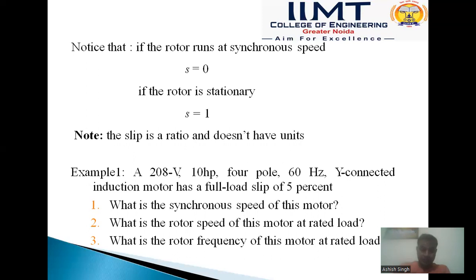After solving the first part, we come to the second part, that is, what is the rotor speed of this motor at rated load? Slip is given, and we also calculated the synchronous speed, that is 1800 RPM. The formula for slip is (Ns minus Nr) upon Ns. We have to calculate Nr.